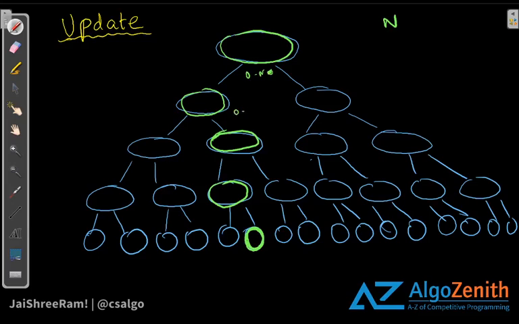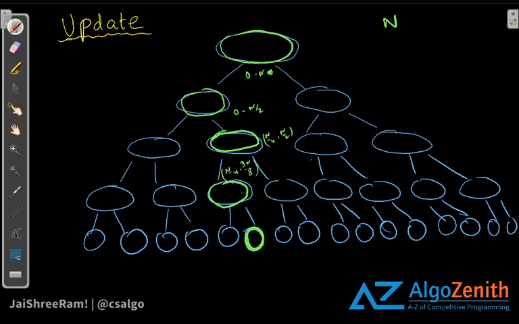This will be something like 0 to n by 2, this will be something like n by 4 to n by 2, and so on. Each node's range is about n by 4, then n by 8, so that would be 3n by 8, something like that, and this is the leaf node. Something like that will be the ranges for each node.